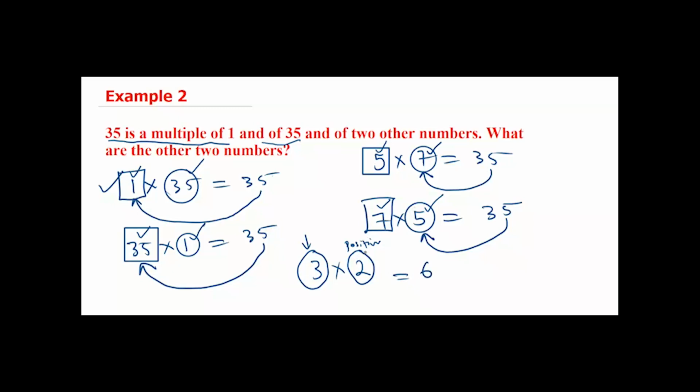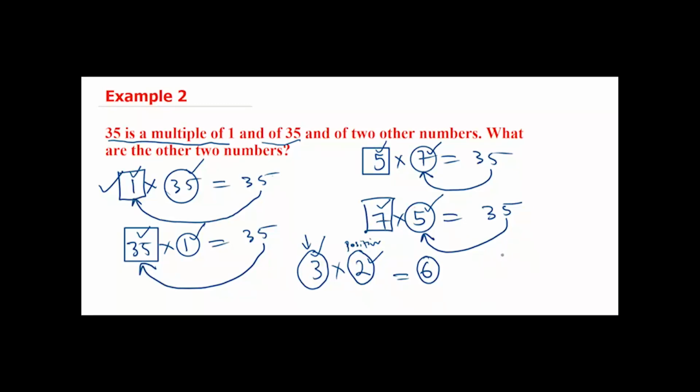So that means the second multiple of 3 is 6. So this is the position, this is the number I want to get its multiple, and this is the answer, which is the multiple of 3. Okay, so that is how to go about that.